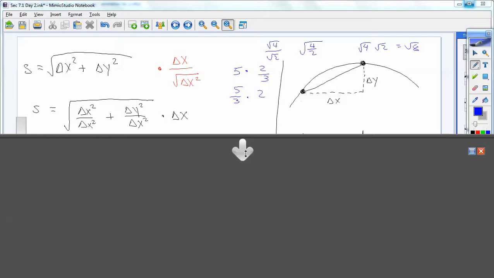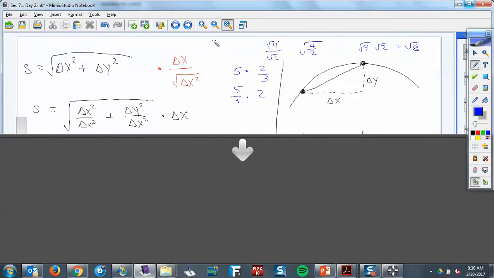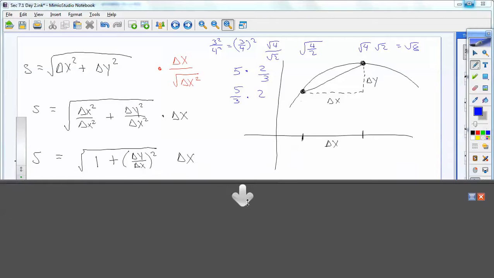All right. Now, what's delta x squared over delta x squared? 1. And remember, whenever you have a fraction, if I have 3 squared over 4 squared, that's the same as 3/4 all squared, right? So delta y squared over delta x squared is just delta y over delta x quantity squared.